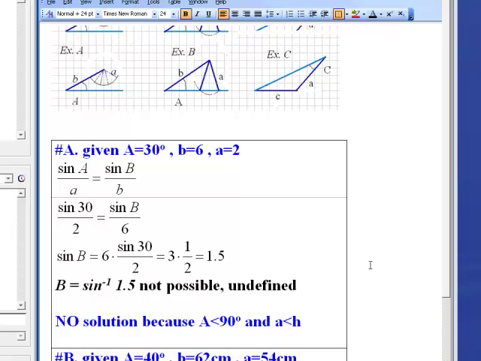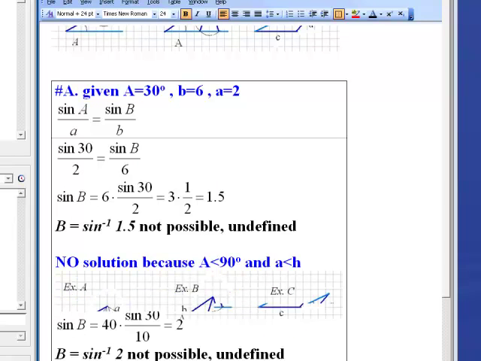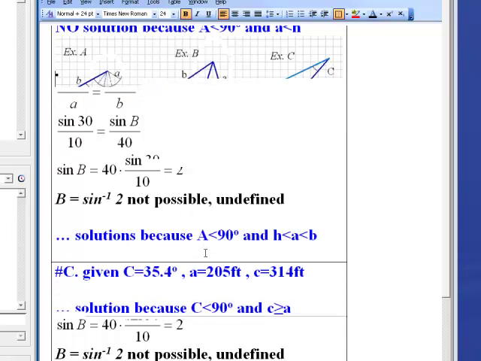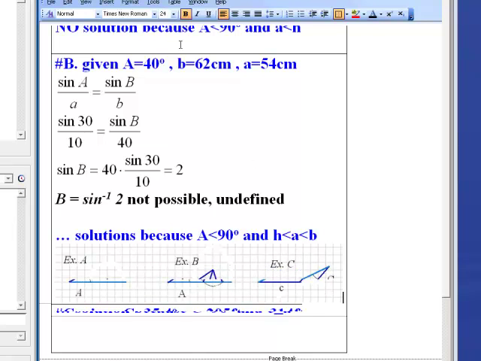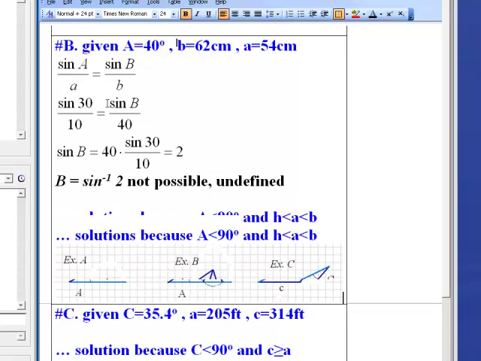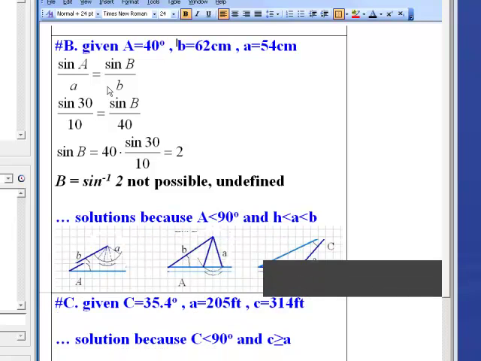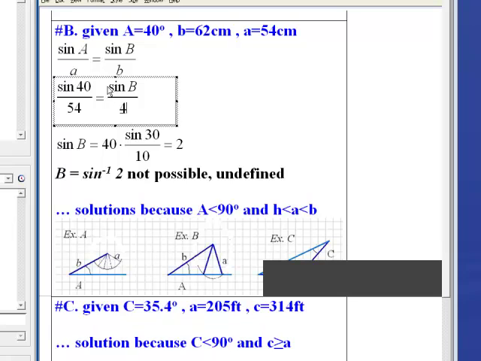And again, I'm just going to paste something in here, and I believe I'm going to take these down here with me. Hold on, just one moment. I'll put it right there. Okay. So for the next one, we have available A equals 40 degrees, b equals 62, oops, actually a equals 54, sine B is not given, b equals 62.